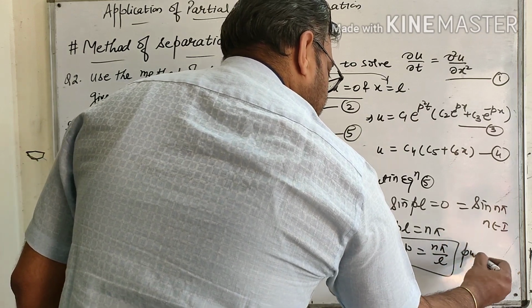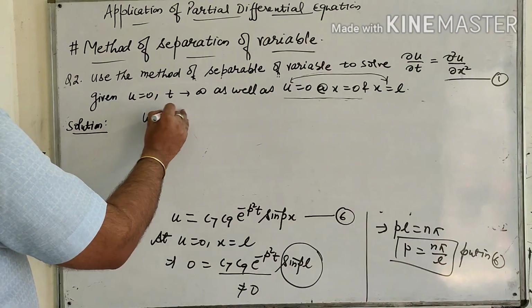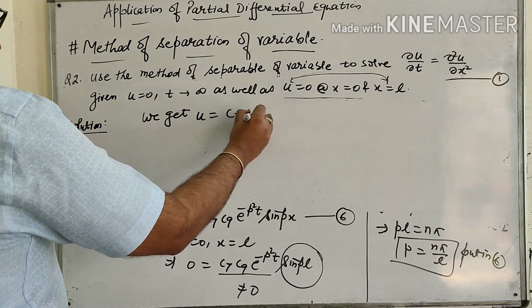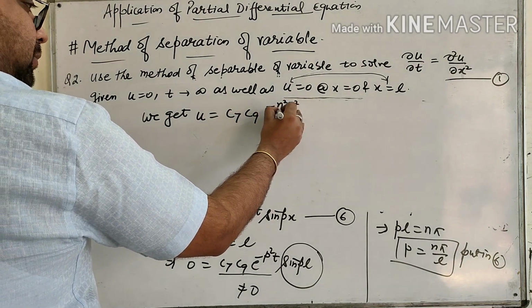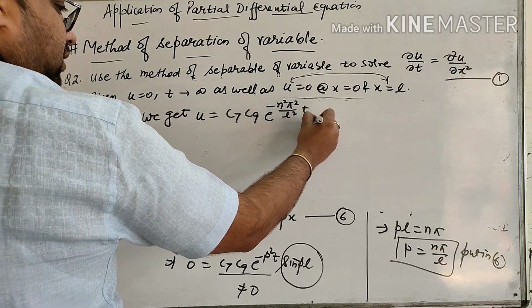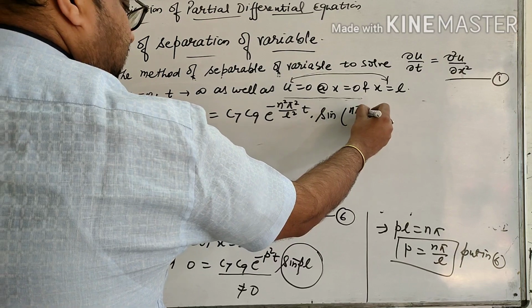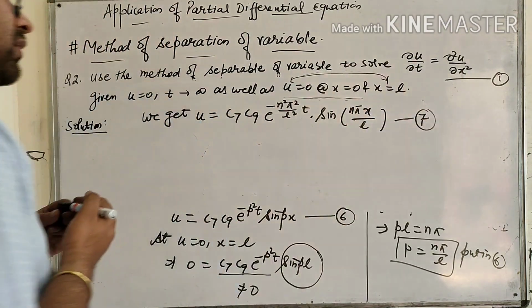Put it in 6. We get u equals C7 C9 e raised to power minus n squared pi squared upon L squared t into sin n pi x upon L. Let it be equation number 7.